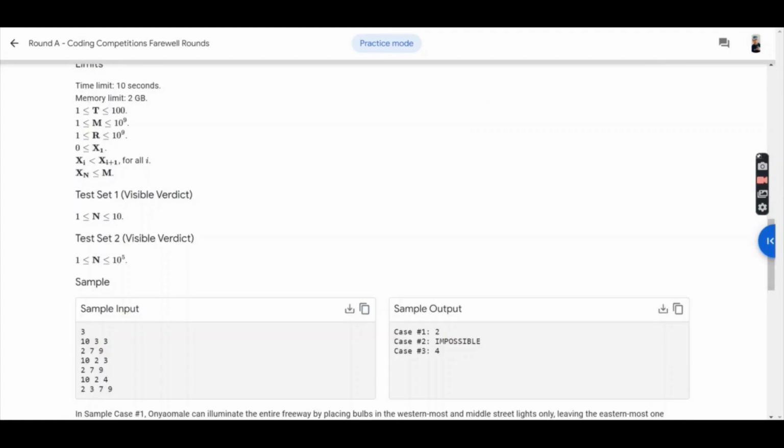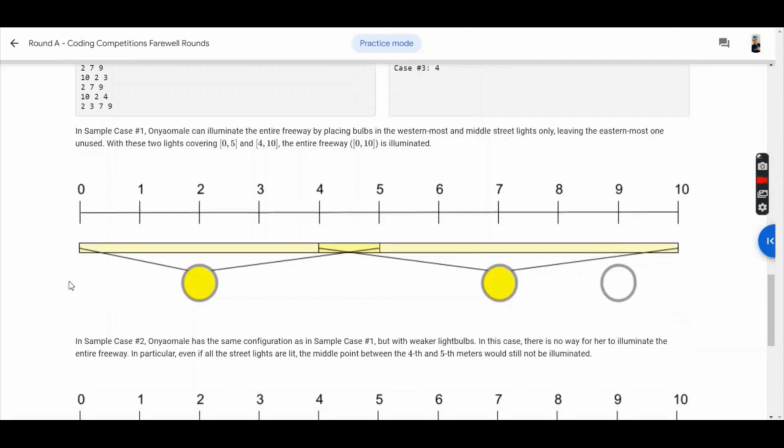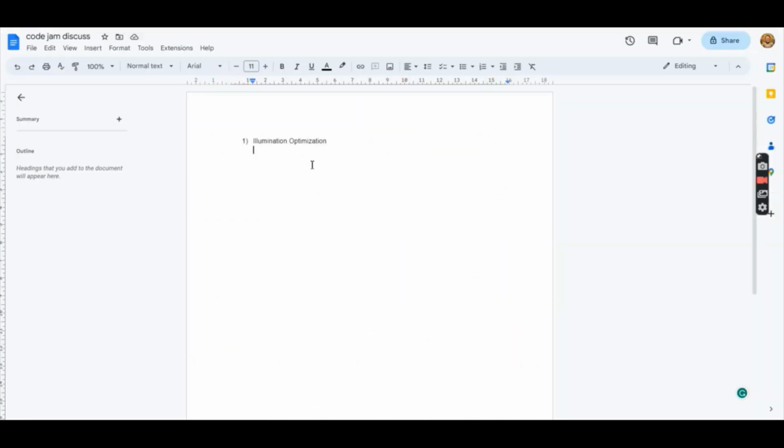If you think about it, you can solve this problem greedily. You can maintain a variable current. This is basically the last position on the road that is lit up using the minimum number of street lights before it.